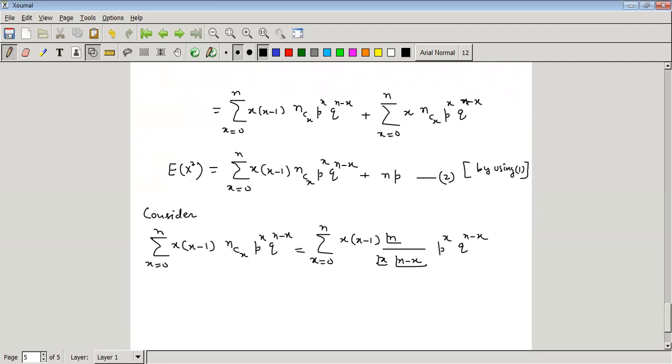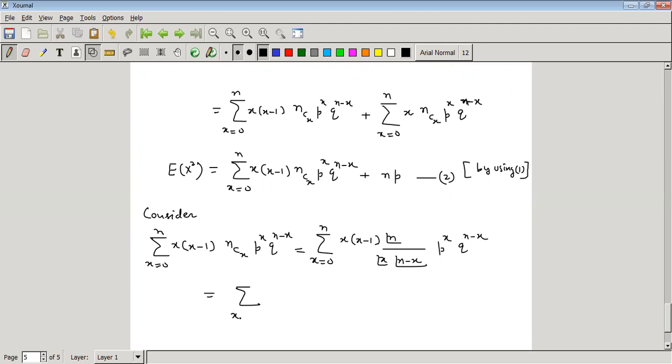Here for x we expand x factorial to be x into x minus 1 into x minus 2 factorial, because x and x minus 1 both are cancelled.